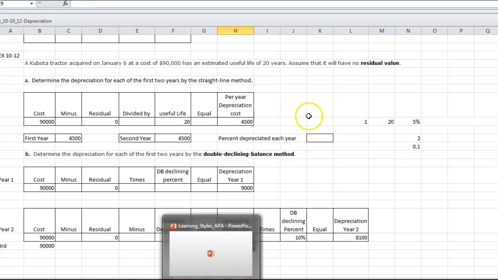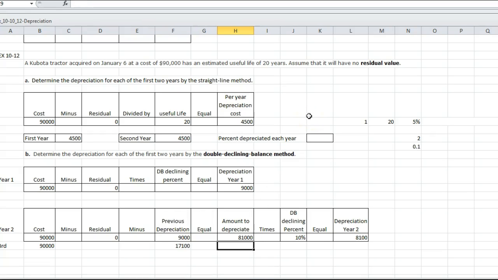Is that correct? 9, 10, yeah, that's right. So the basis becomes 90,000 minus the 17,100, and I multiply that by 10%. And that means the third year's depreciation is 7,290.